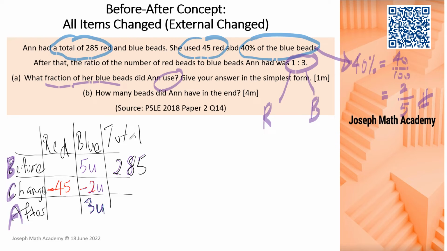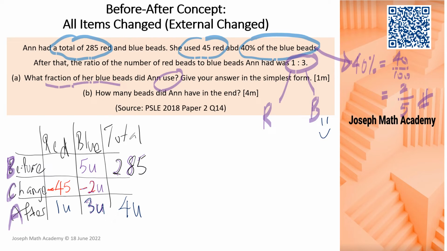Wow, so this is good. So for the red beads, I can plug in 1 unit without having to worry about anything. From here I can conclude that in the end, there should be 4 units of beads in total.